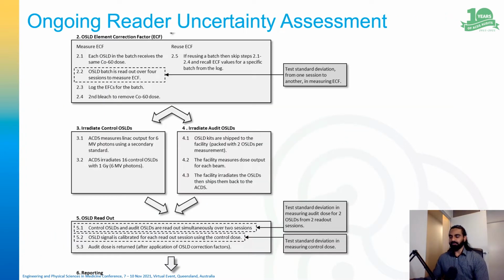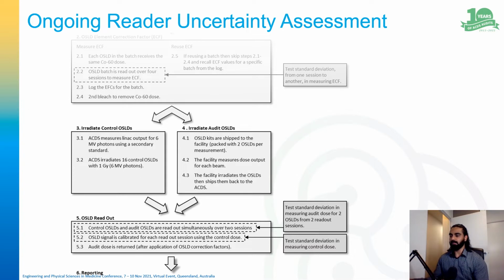So those reader uncertainties are all well and good for when we're commissioning our readers, but we use our readers throughout the year for many years to come. So of course we need an ongoing way of tracking the uncertainties and the reader performance. We actually do this indirectly via the standard auditing process.